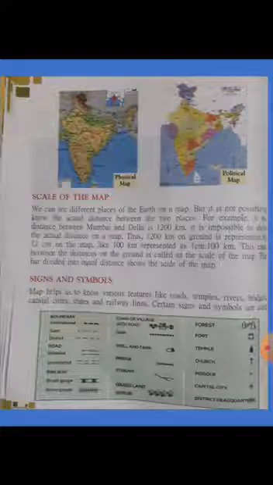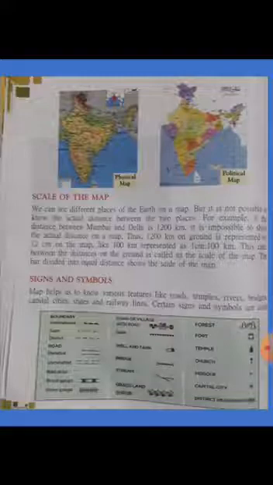Look at your page number 34. Then road, metal road, dam, well and tank, bridge, stream, grassland, forest, fort, temple, church, mosque, capital city, all are given in different symbols. So if we look at the physical or political map, we can identify the symbols.